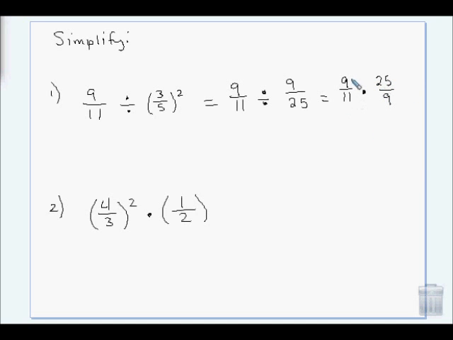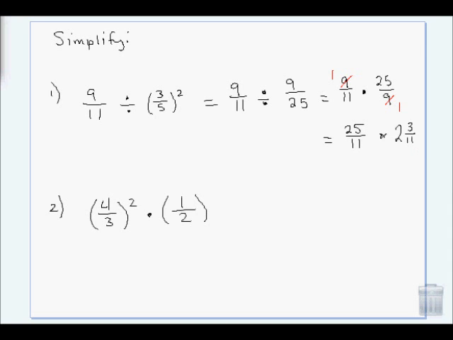And then if you want, you can cross cancel. Otherwise, you can multiply across and reduce. And you get 25 over 11, which doesn't reduce any further. You could make it a mixed number if you wanted to. It would be 2 and 3/11.